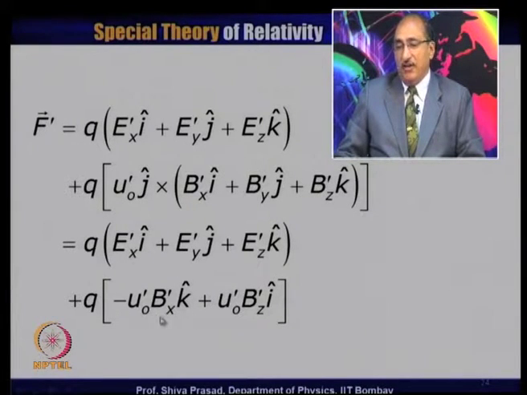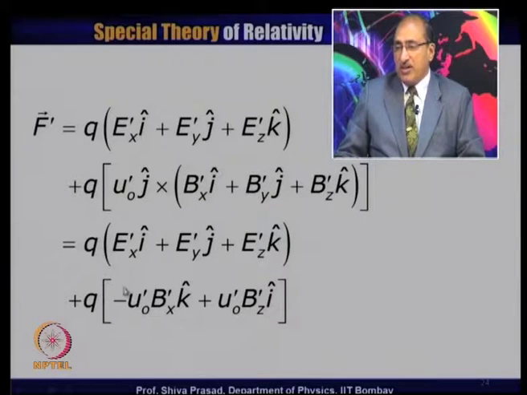This is what I have written here, with a negative sign. j cross j will give me 0, then j cross k will be i. So, u naught prime multiplied by Bz prime i, and there is a plus sign here because j cross k is plus i.